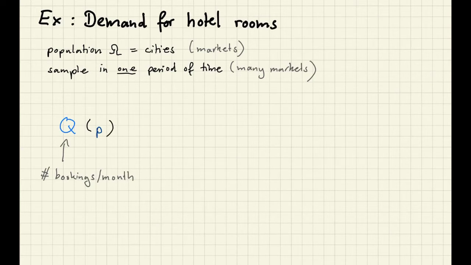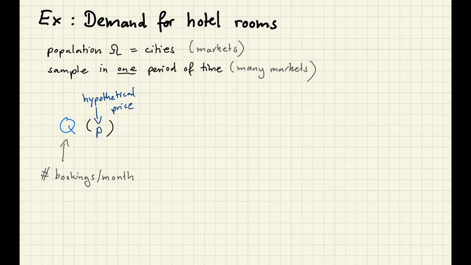Let's denote price by small p, and Q of p will give the total number of bookings that will be demanded if the price is p. Now, p can be any price. Let's say it's the hypothetical price. In other words, it does not have to be equal to the price that we observe in the market. The demand curve traces out the demand for any price that can hypothetically prevail in the market.